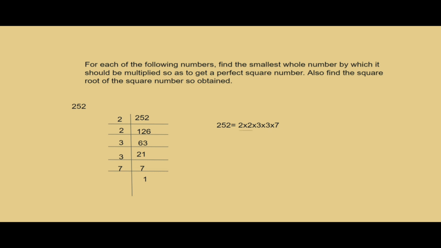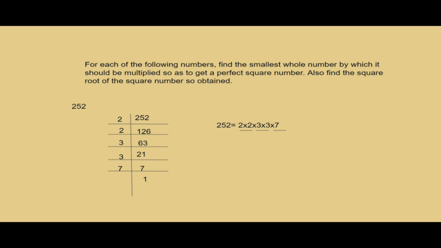Now, the next step is to make pairs of the same numbers. Here the number 7 is alone. How can we make it a pair? Yes, it's simple, by simply multiplying it with 7.